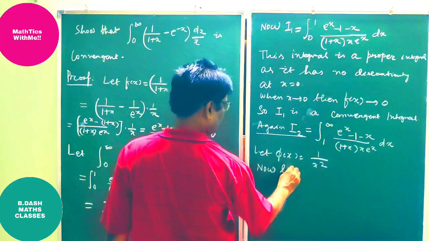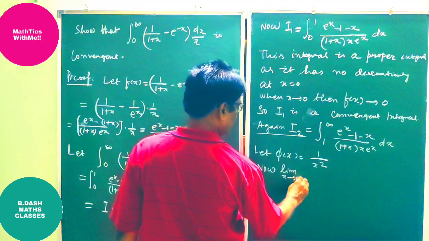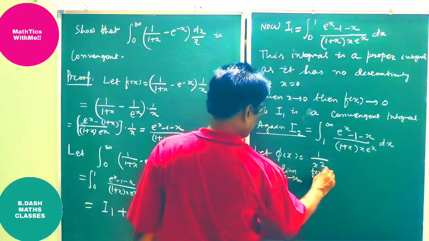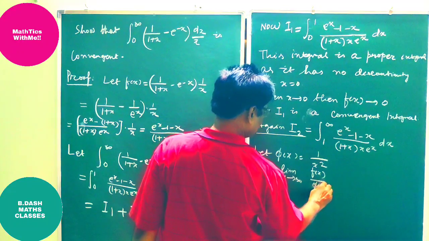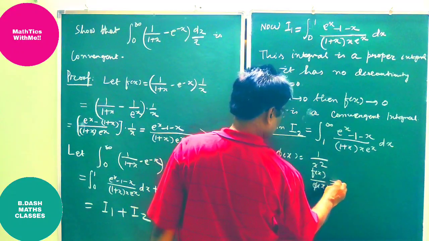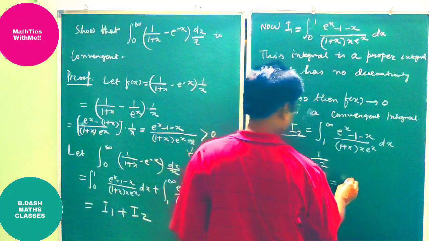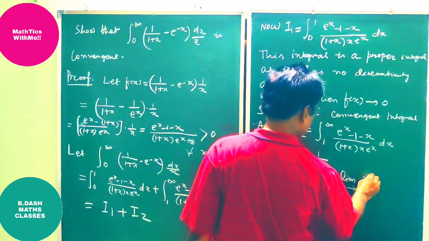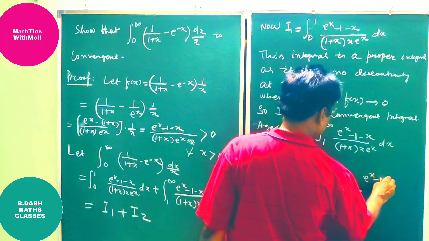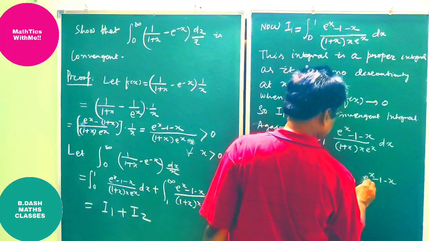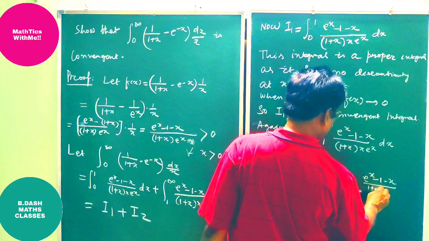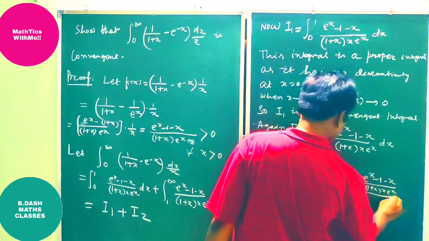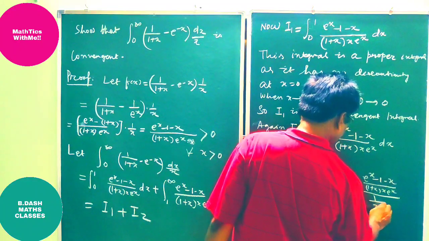Now the limit as x tends to infinity of f of x by phi of x is equal to the limit of (e to the power x minus 1 minus x) by (1 plus x) into x e to the power x, divided by 1 by x square.